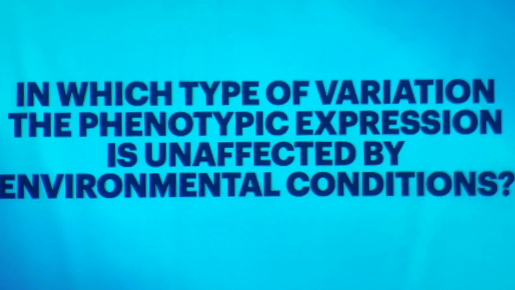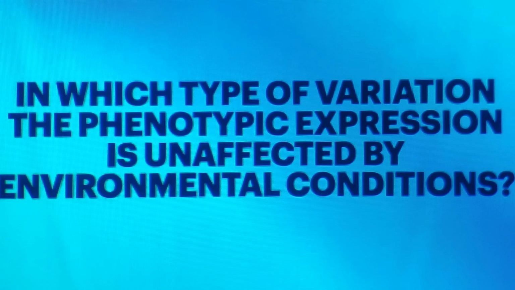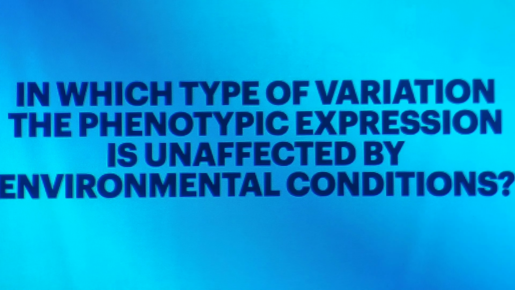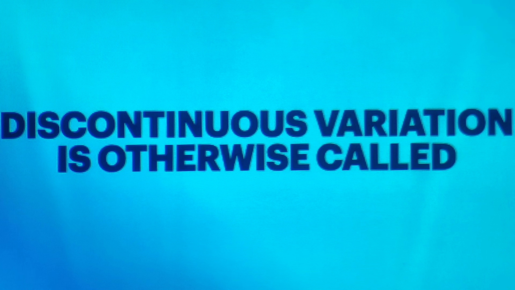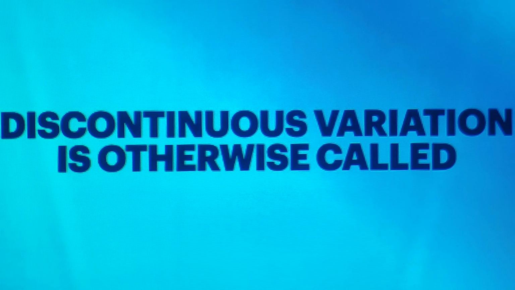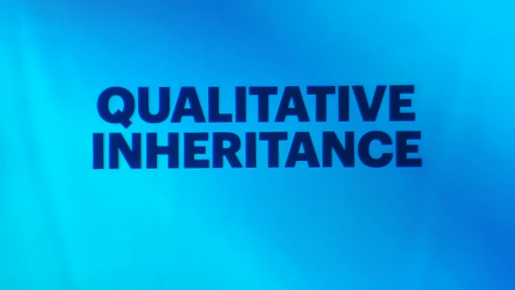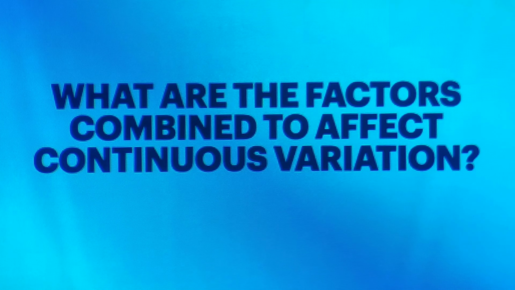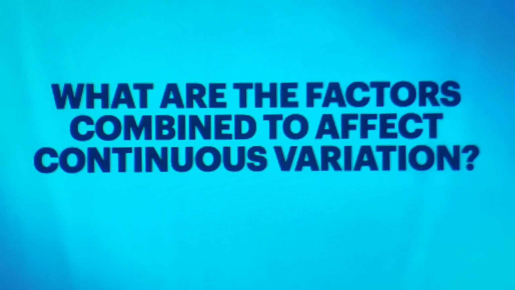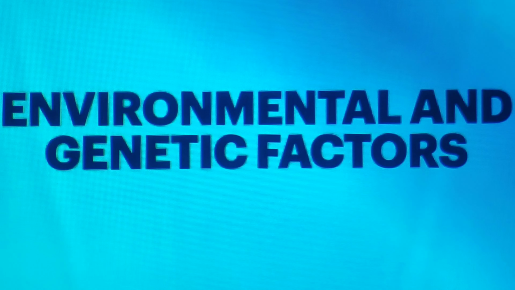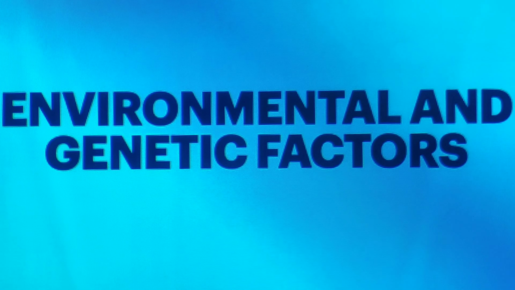In which type of variation the phenotypic expression is unaffected by environmental conditions? Discontinuous variation. Discontinuous variation is otherwise called qualitative inheritance. Which are the factors combined to affect continuous variation? Environmental and genetic factors.